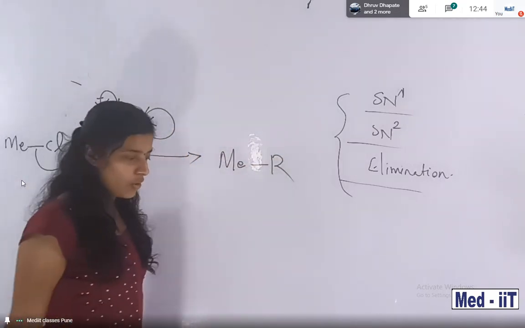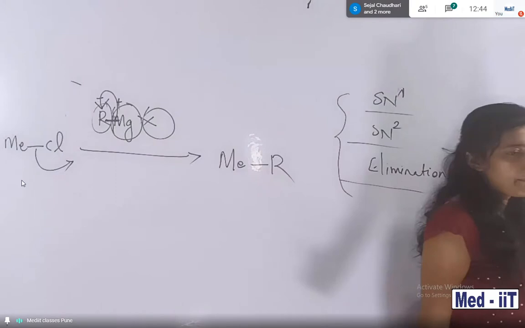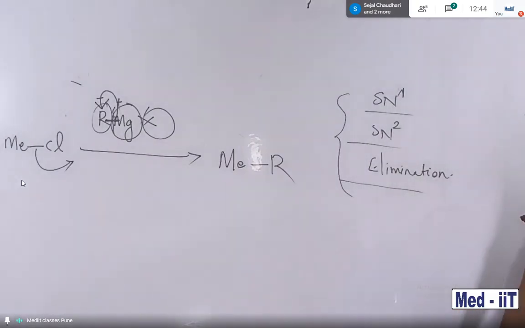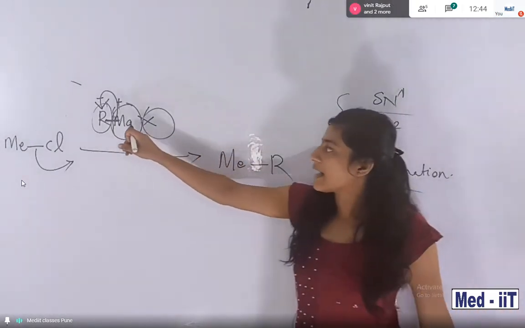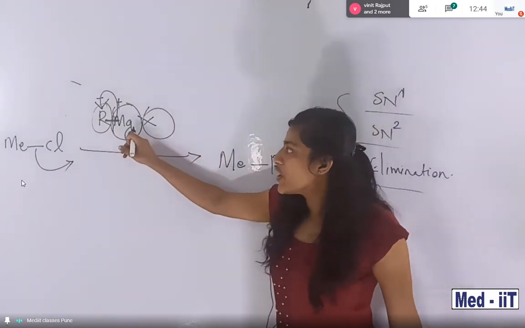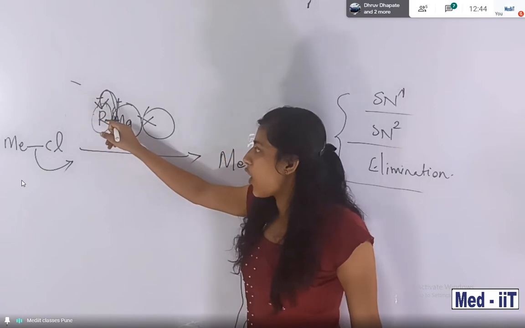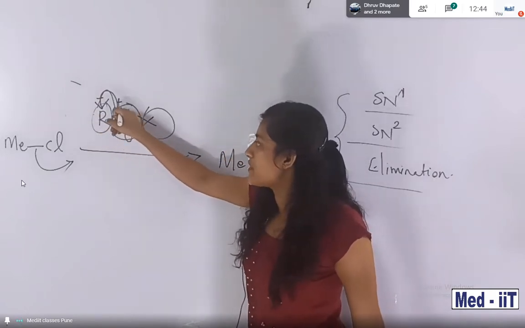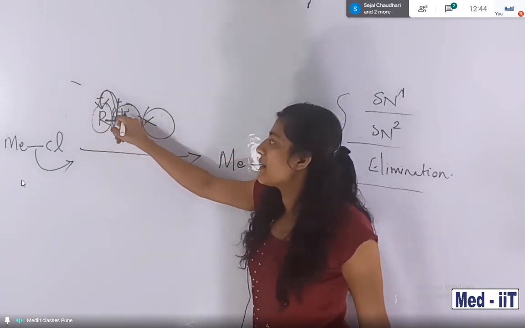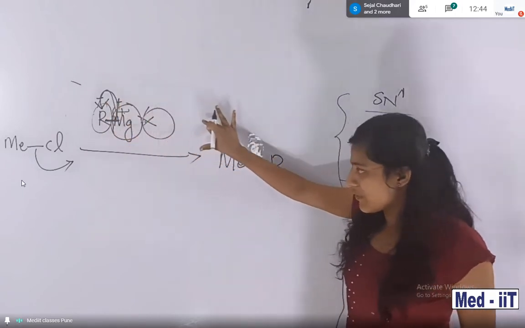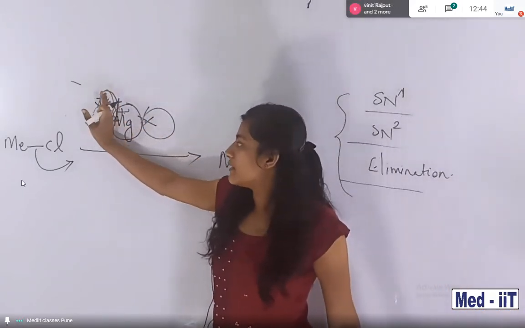Is it okay? MeR. Are you getting my point? Because RMgX is Grignard reagent, the bond cleavage is like this: R minus is there along with MgX plus. This is another category of substrate, and then this is R minus.